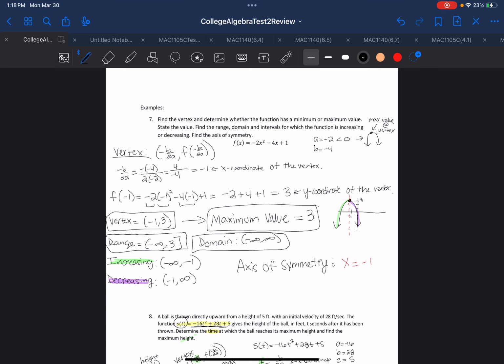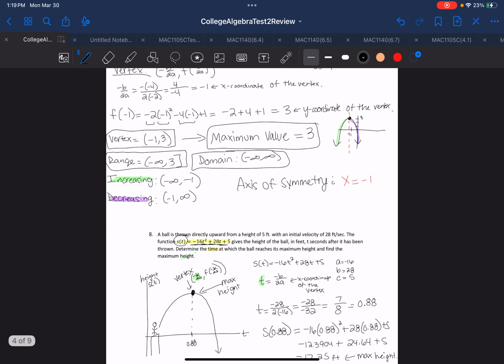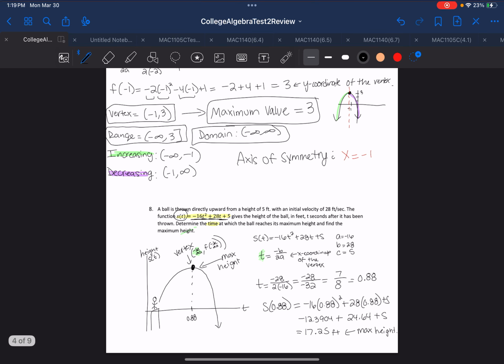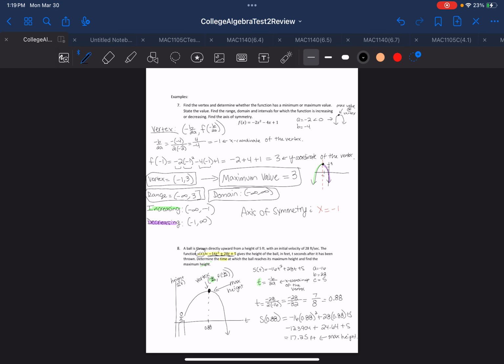Okay. So just by finding the vertex, we were able to answer all of those questions. Now, I already did number 8. That would be in the last video if you want to go back and watch it.